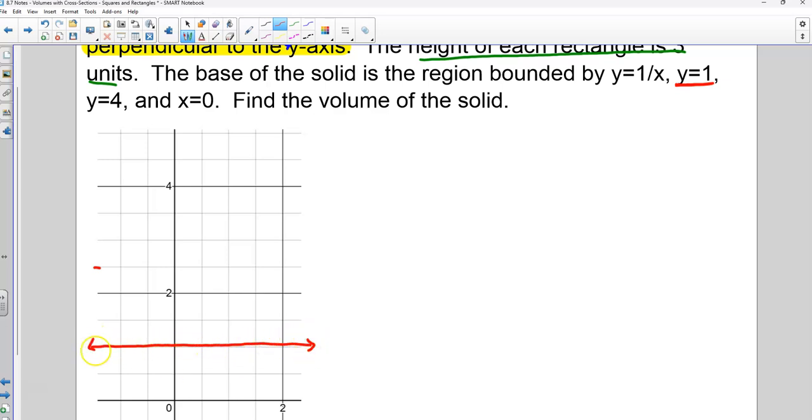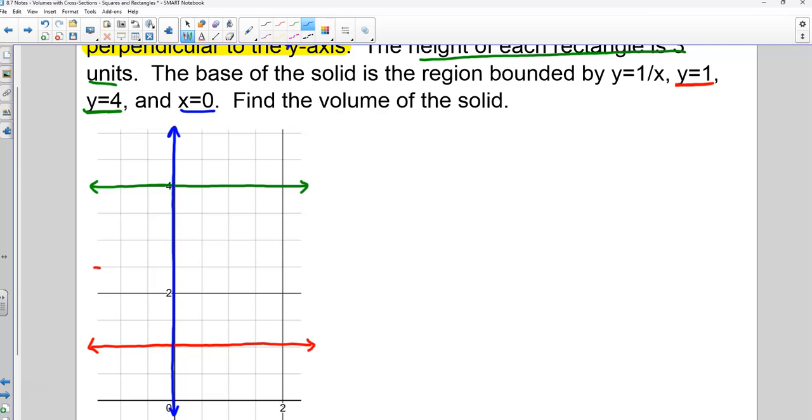Y equals 1. And then y equals 4. We'll do that one in green. And then x equals 0. That one's vertical. It is just the y-axis here.